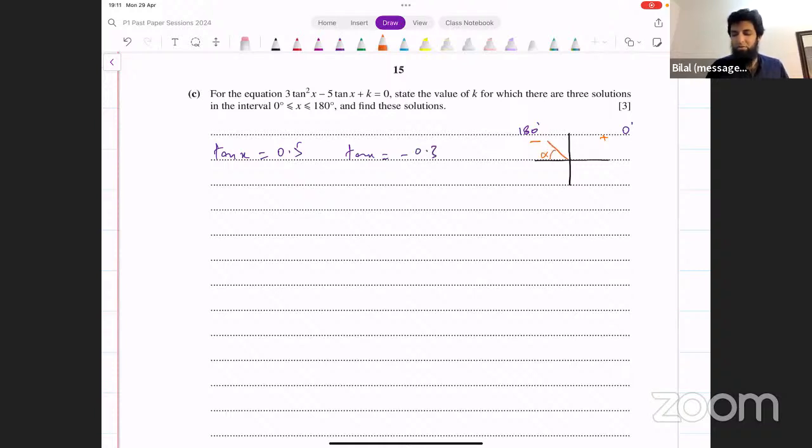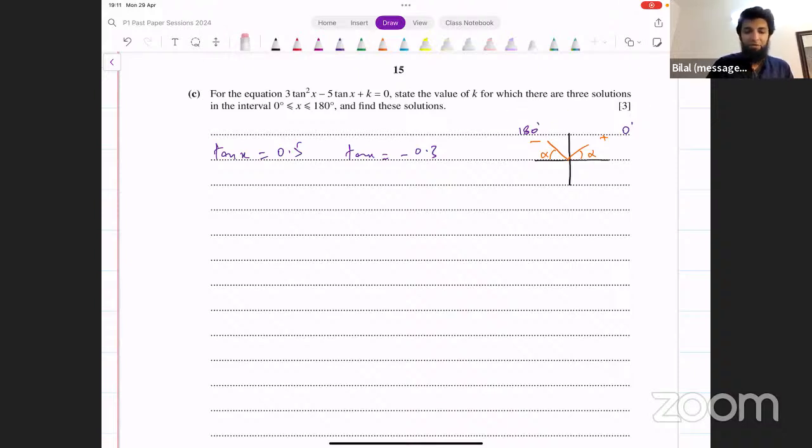So you either get one answer in the first quadrant, or one answer in the second quadrant. When you solve a quadratic equation, you get two solutions, and each of them, positive or negative, is going to give you just one answer in this interval from 0 to 180.